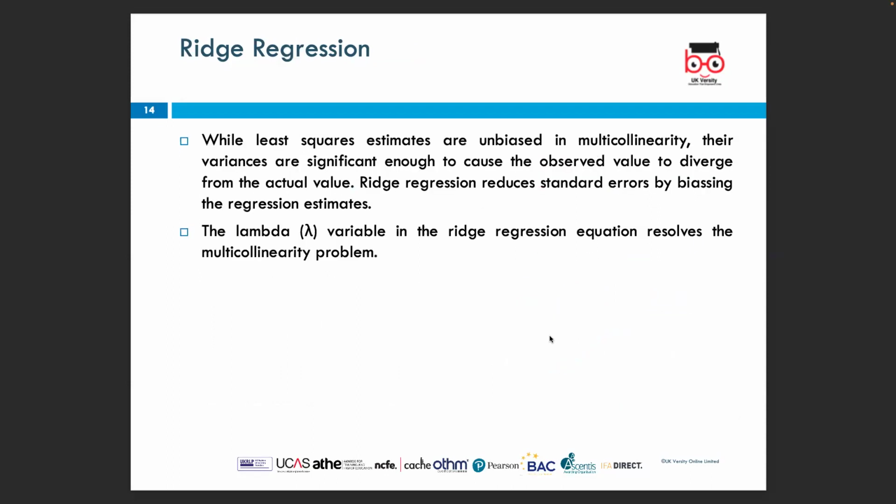While least squares estimates are unbiased under multicollinearity, their variances are significant enough to cause the observed value to diverge from the actual value. Ridge regression reduces standard errors by biasing the regression estimates. The lambda variable in the ridge regression equation resolves the multicollinearity problem.